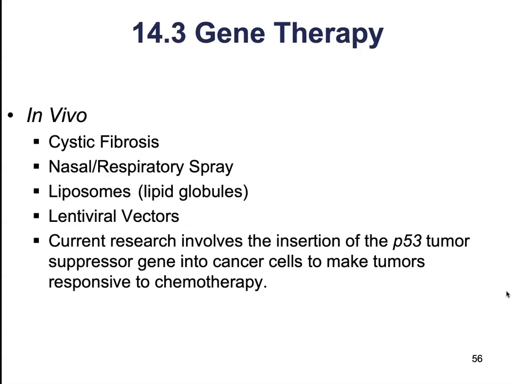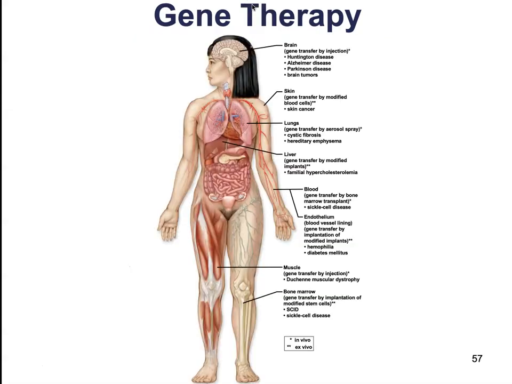Oh, I'm sorry, this is a separate thing from cystic fibrosis. Current research involves the insertion of the p53 tumor suppressor gene into cancer cells to make tumors more responsive to chemotherapy. There are a lot of different ways that gene therapy is being used throughout the body.